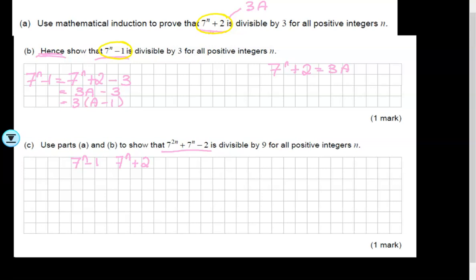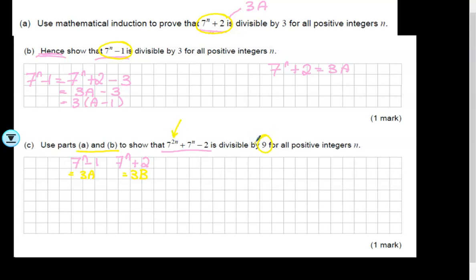So the hence, once again, or it didn't say hence, but it says use part A and B. So using part A and B, I've written them down. I know that this equals 3a. I know that this equals, I don't know, maybe the other way around. So this is 3 times something. This is 3 times something. I want you to look at this. And what do we know about 9 and 3?